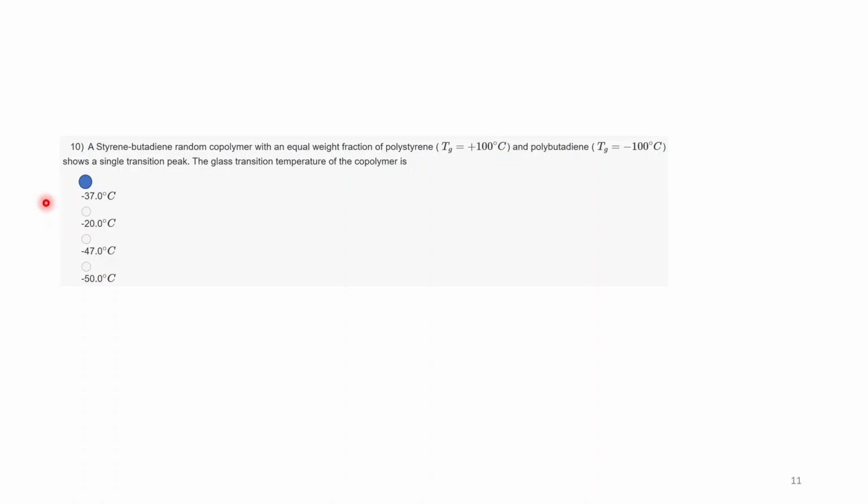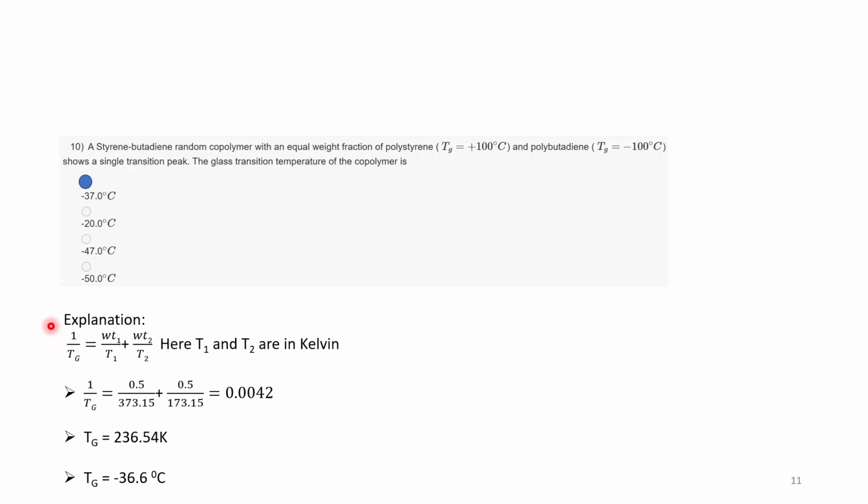Here you have to use this formula where 1 upon Tg, Tg being the glass transition temperature of the copolymer, equals the weight fraction of the first monomer divided by T1, where T1 is the glass transition temperature of the first polymer, plus weight fraction 2 divided by T2, for the other polymer, polybutadiene here.